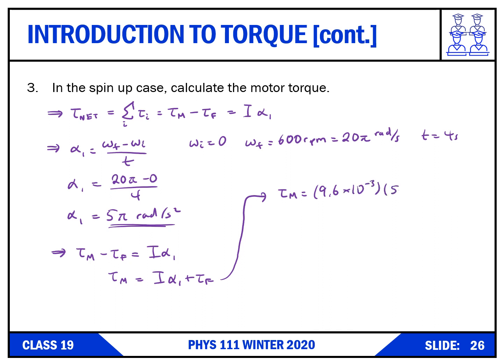Alpha is 5 pi, and we want to add the frictional torque that we found before, 0.0144, and we have the motor torque being equal to 0.165 Newton meters. And that covers both of the torques that are present in the entire system.